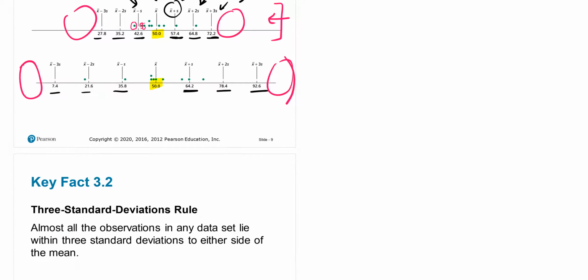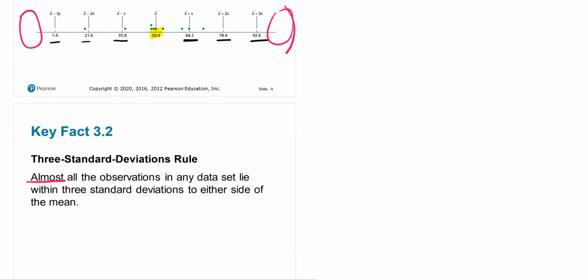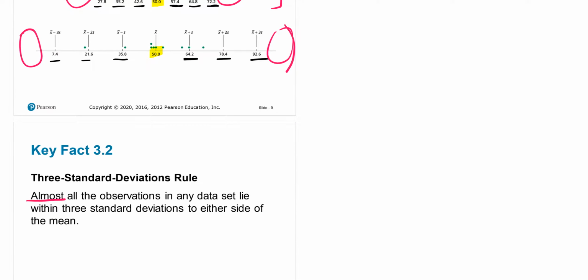Almost all the observations, and the reason I said almost is because about 99.7% will fall there. In any data set, they lie within 3 standard deviations to either side of the mean. That's what standard deviation is about. You need to learn how to calculate standard deviations and how you can interpret the results here on the graph.